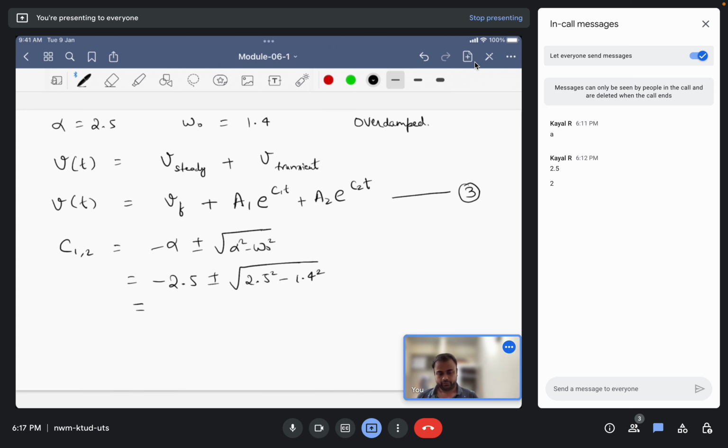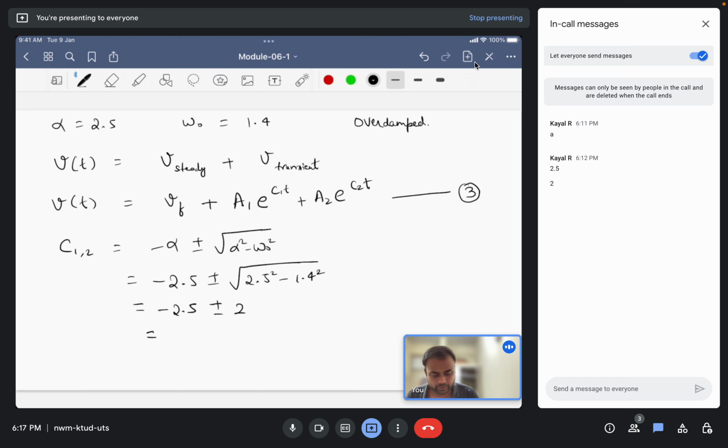So first of all let's calculate the square root. 2.5 squared minus 1.4 squared comes out to be 2, only 2, not the square root, and minus 2.5.